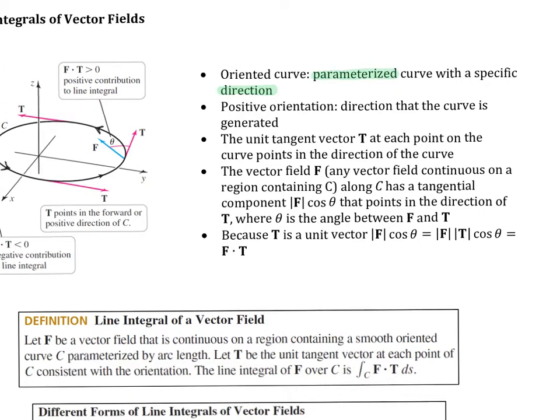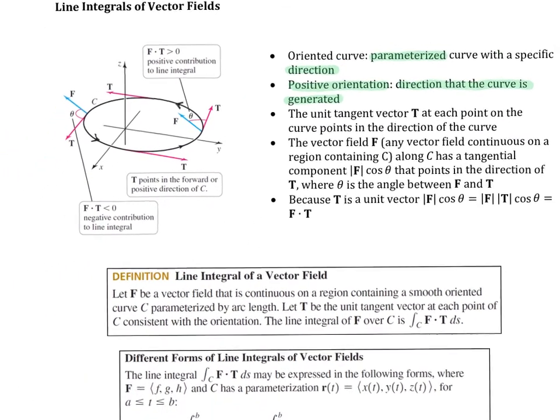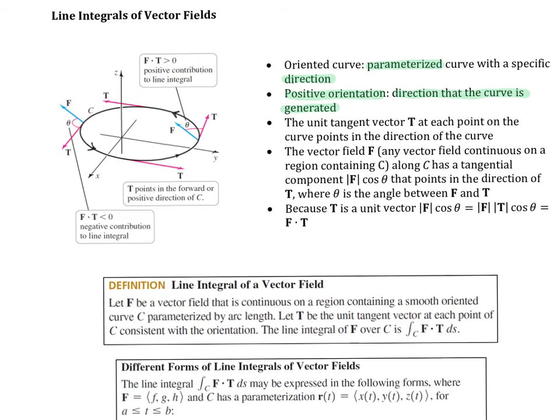And it's a parameterized curve. Going back to vectors, remember when we talk about positive orientation, that means the direction that the curve is generated in, and in our case, that's counterclockwise. At every point on our curve, we're going to have a tangent vector.